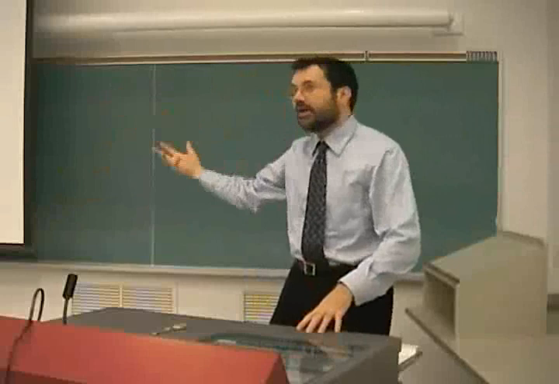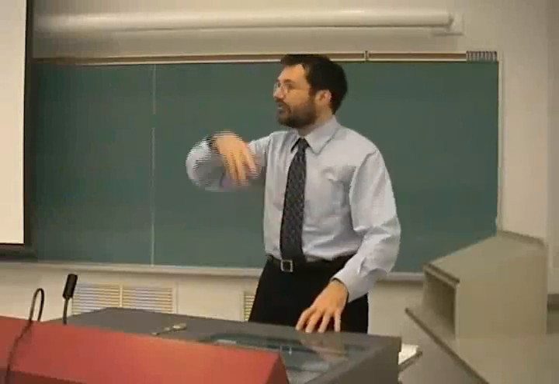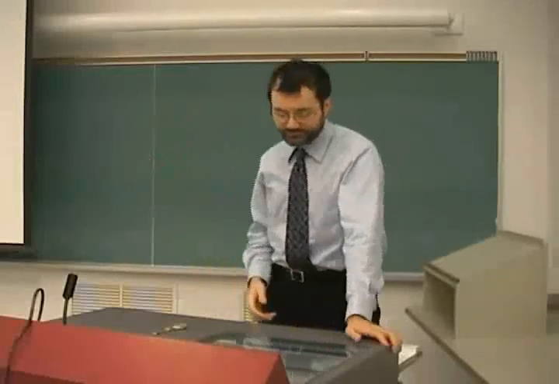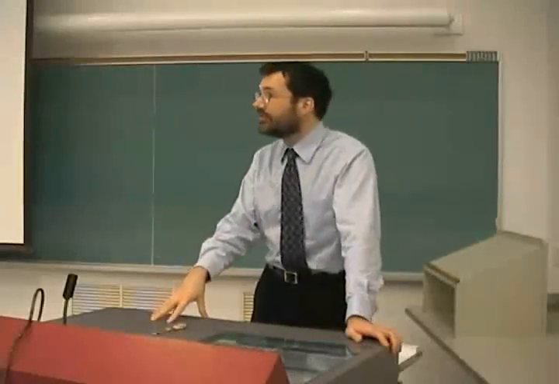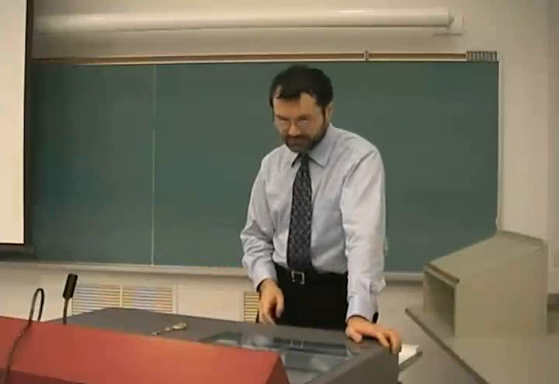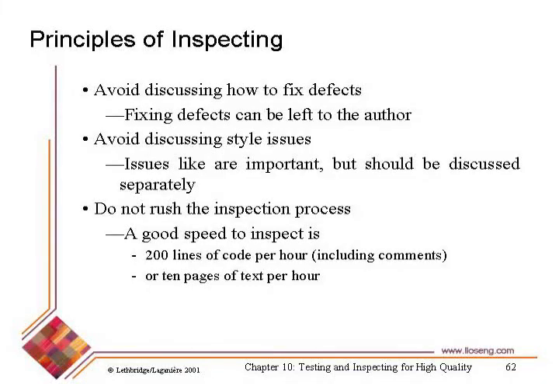And then, typically, it will go to fixing the bugs and then formal testing. But we're only going to inspect documents that the designer feels confident in. In the defect meeting, we're not going to discuss how to fix the problems.